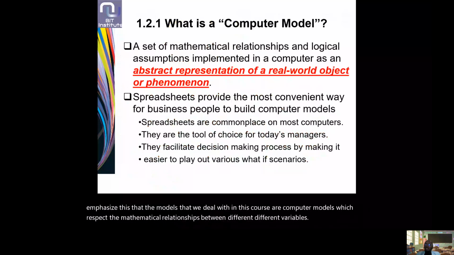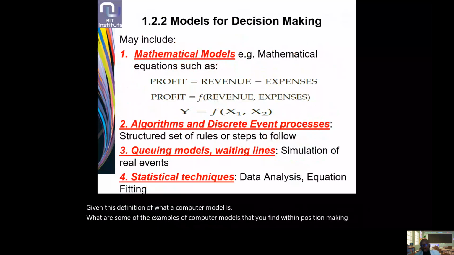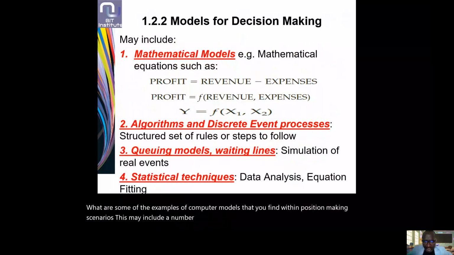So the next thing that I want us to look at is, given this definition of what a computer model is, what are some of the examples of computer models that you find within decision-making scenarios. This may include a number of them. The first one would be, linked to the definition that we have earlier, what are called mathematical models.